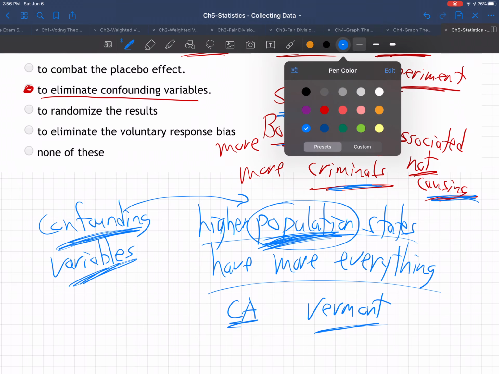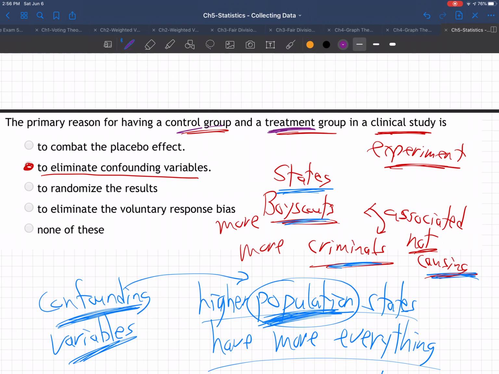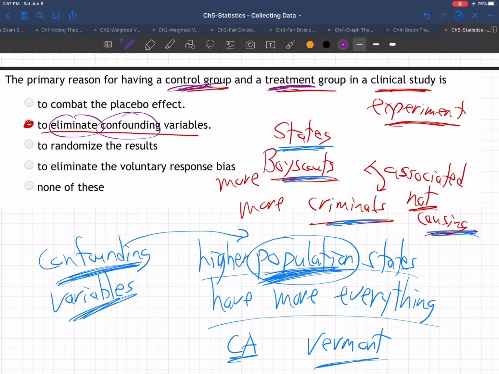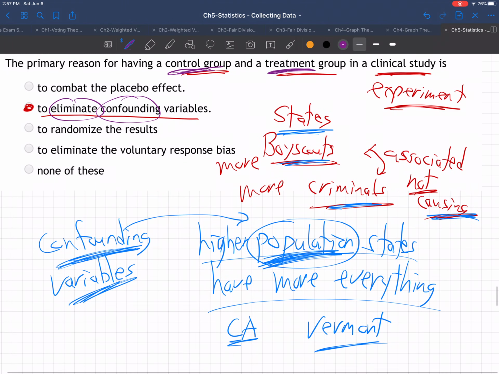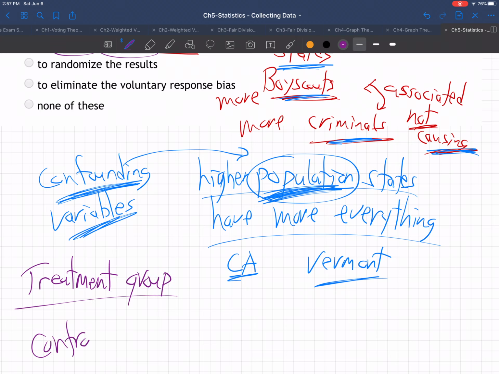Well, how do you get around that problem? That's why you have a treatment group and a control group, to eliminate confounding variables. You see how this works? If you have a drug and you're wondering if the drug works, you have a treatment group that gets the drug, and a control group that gets no drug.